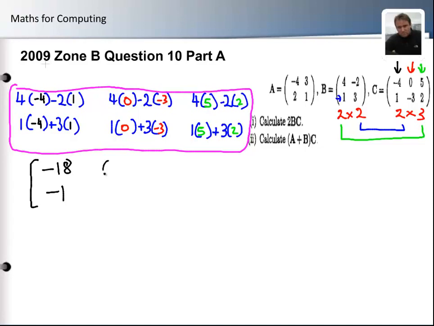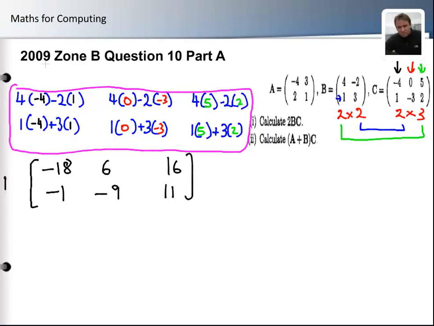Minus 2 times minus 3 is 6. 0 plus 3 times minus 3, that's 0 plus 0 minus 9, which is minus 9. 4 times 5 is 20, minus 2 times 2, that's 16. And 1 times 5 plus 3 times 2, that's 11.